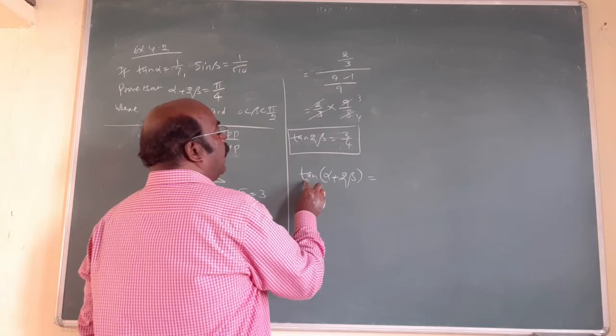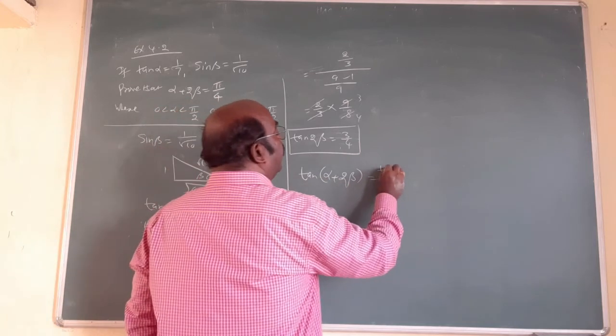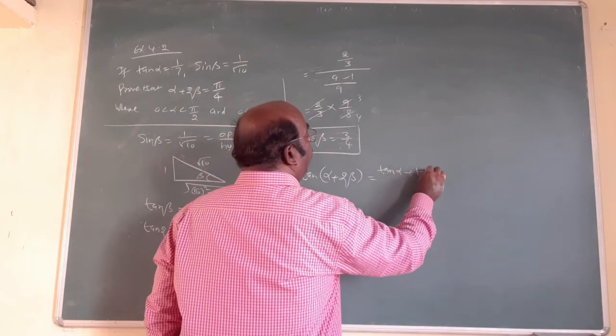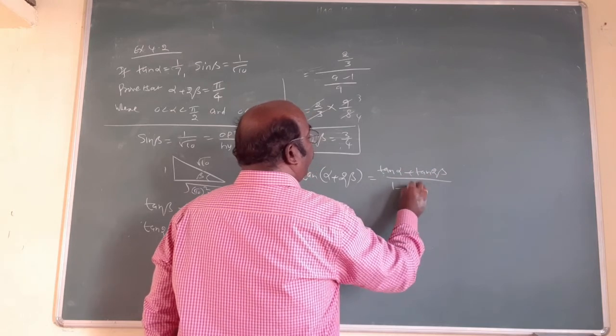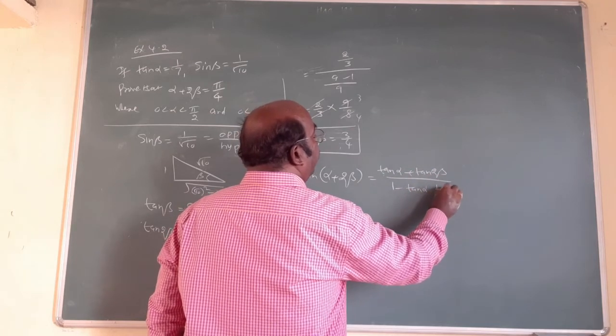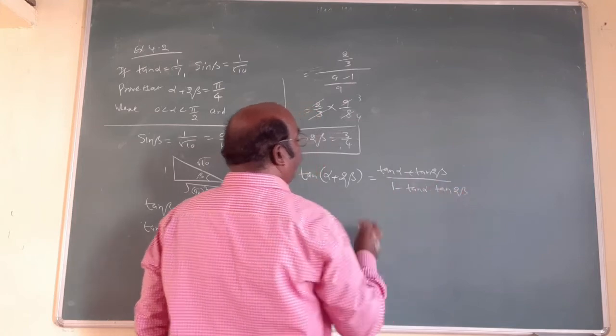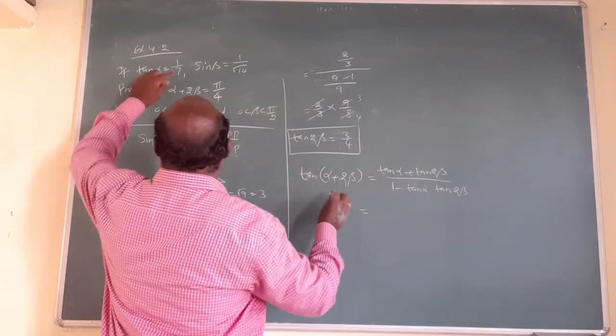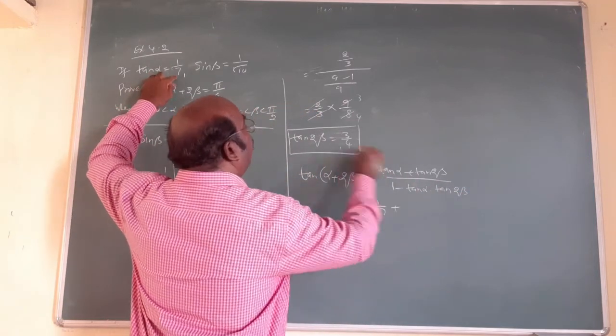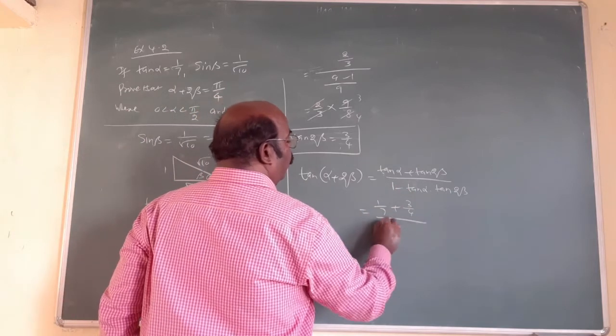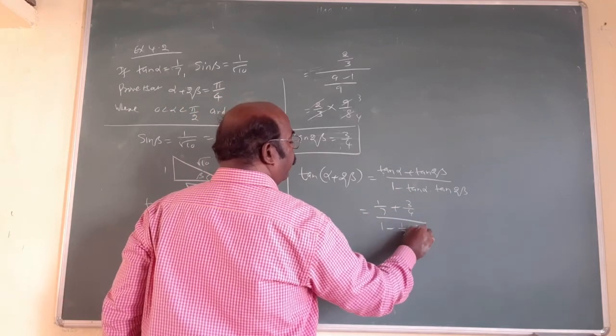What is the formula? It is tan of A plus B equals tan A plus tan B over 1 minus tan A tan B. Here B is actually 2 beta. Equal to tan alpha, already given as 1 by 7, plus tan 2 beta, which is 3 by 4, over 1 minus 1 by 7 times 3 by 4.